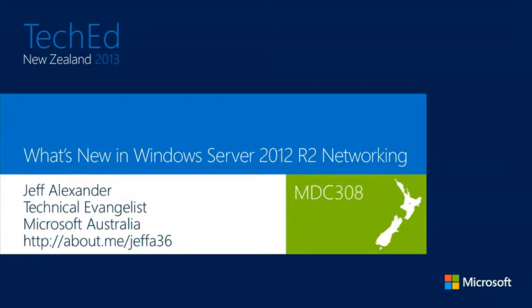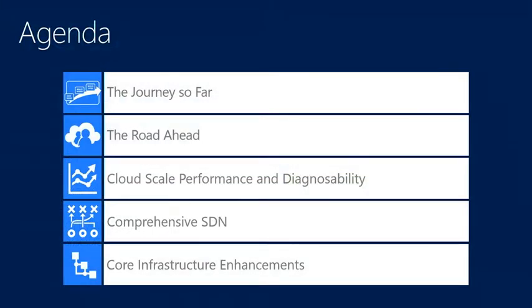What we did in Windows Server 2012 really is set the foundation for what we're actually delivering in Windows Server 2012 R2. These are incremental changes that are going to do some improvements really around private cloud, public clouds, and a lot of stuff in here for hosters. So I'm going to hopefully show you a few demos, but really talk about where we've been so far with Windows Server 2012 and the changes that we made in Windows Server 2012 itself.